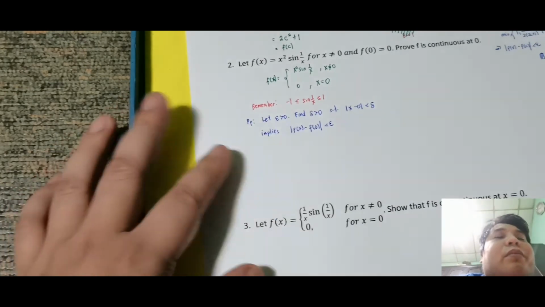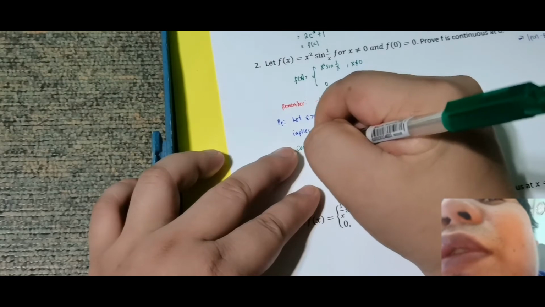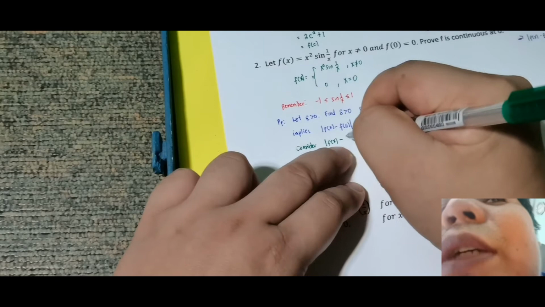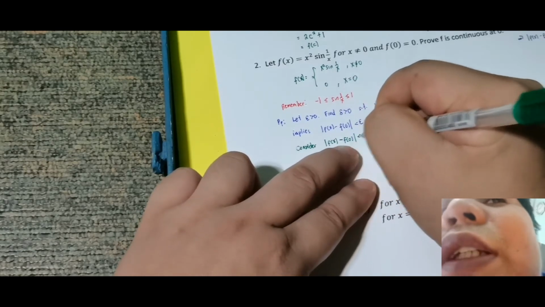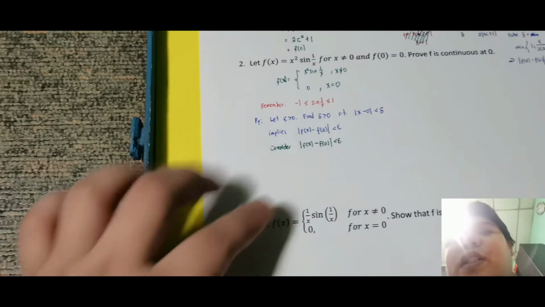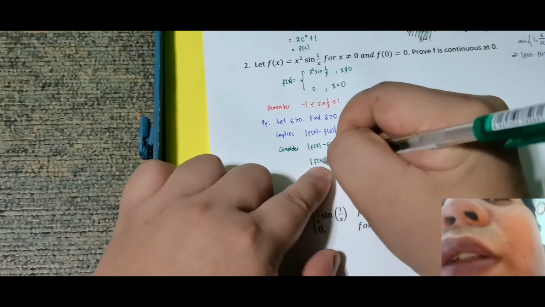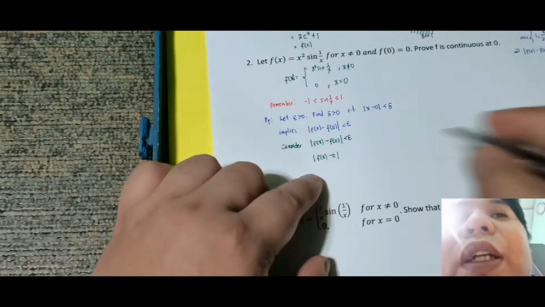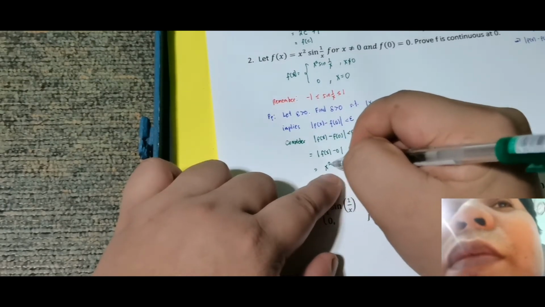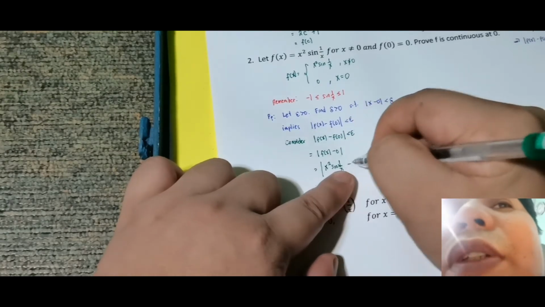Okay, so consider natin itong part na 'to: f of x minus f of 0 less than epsilon. Siyempre f of 0 is 0. So this is f of x minus 0. Then this is equal to, f of x pala is, that is x squared sine 1 over x minus 0.